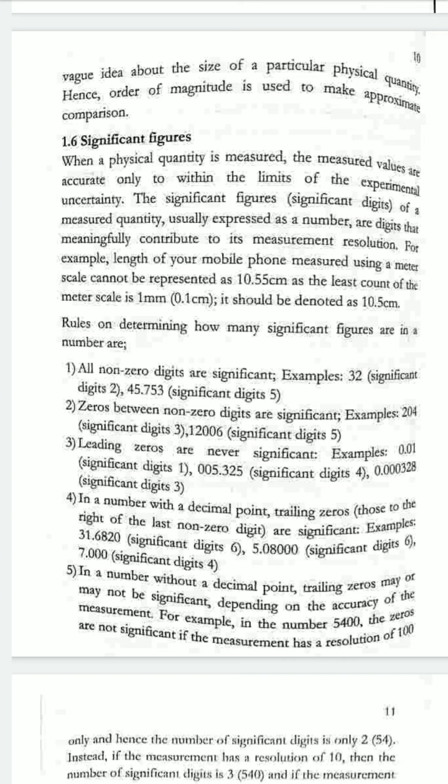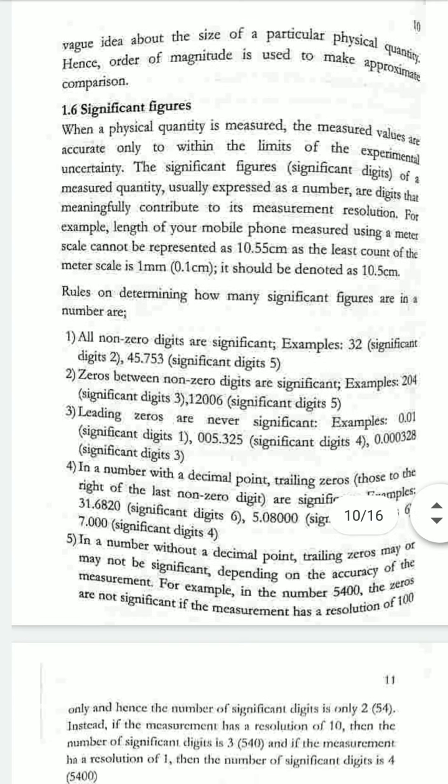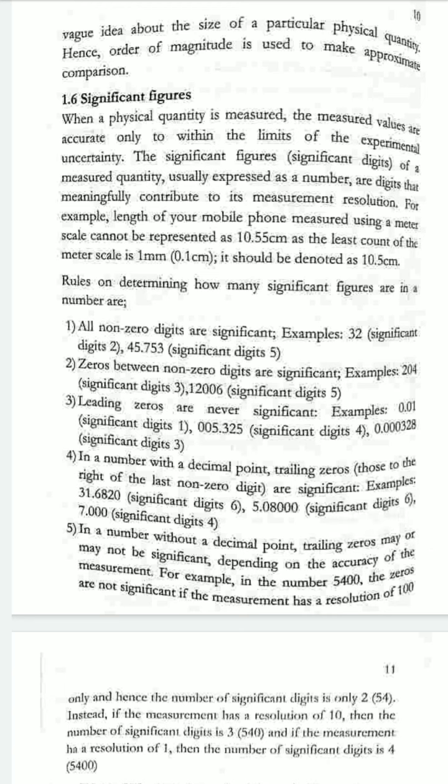Also 45.753 has 5 significant digits; all 5 digits are significant. But let us see the next rule. Zeros between non-zero digits are also significant. For example, 204 has 3 significant digits, and 12,006 has 5 significant digits.